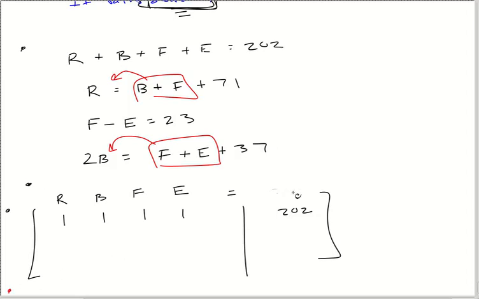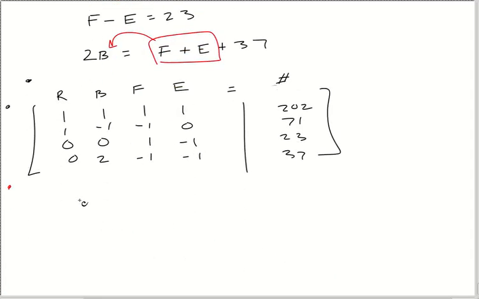Hold on. Number. That's better. So yeah, 1, 1, 1, 1. Okay, so rooms. I got 1, negative 1, negative 1. Did you talk anything about elevators? Nope. 0. And then finally equal to 71. 0, 0, 1, negative 1, 23. And then finally 0, 2. Again, when you move these over, they're negative now. Negative 1, 37. This is a 4 by 5 matrix.